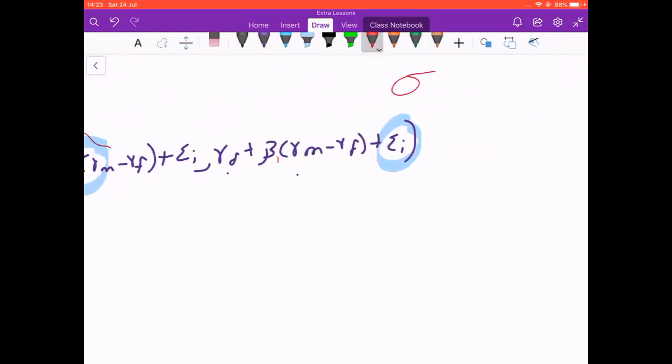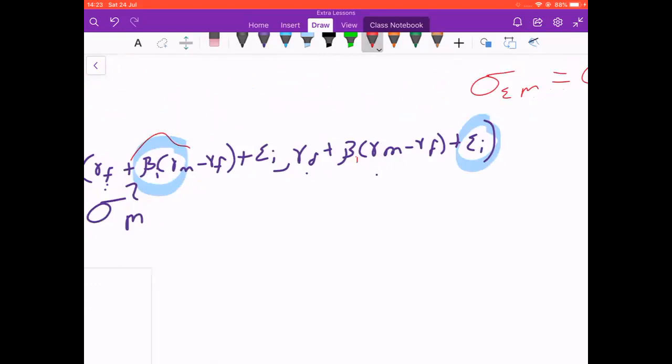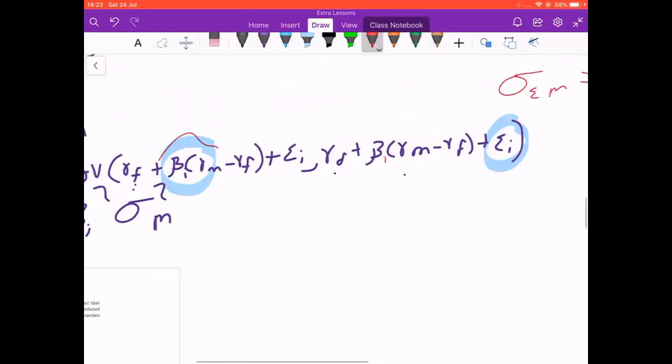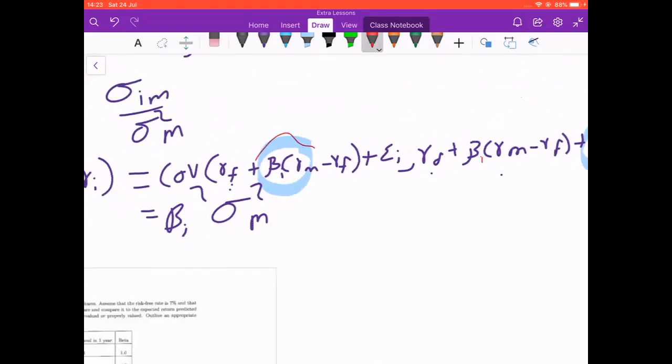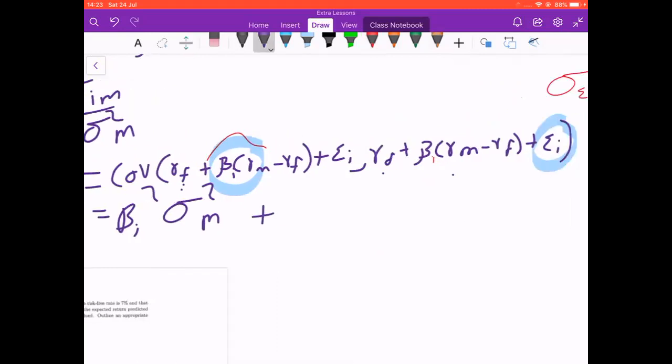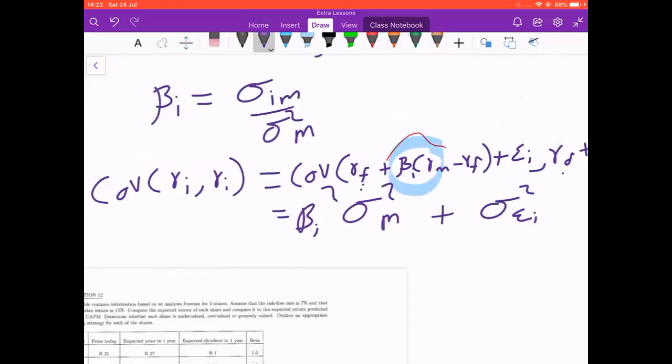We assume that the covariance of the error and the market is going to be 0, so we're just going to write zeros. This means that we're going to be left with the variance of the error. Sometimes they can ask you to prove this. So basically CAPM and factor models are not that much different.